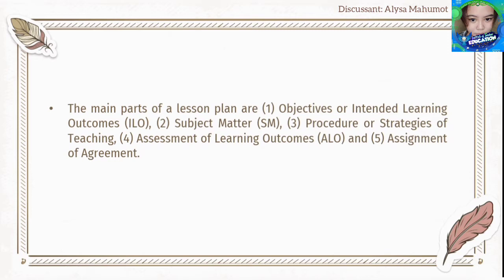First is the objectives or the intended learning outcomes or ILO. Second is the subject matter, SM. Next is the procedure or strategies of teaching. And then, the assessment of learning outcomes or ALO. And lastly, assignment or agreement.